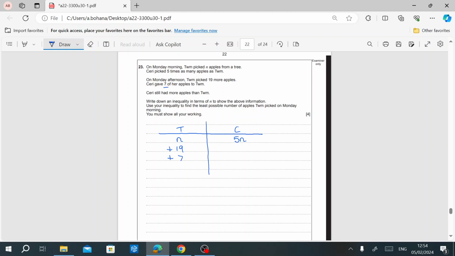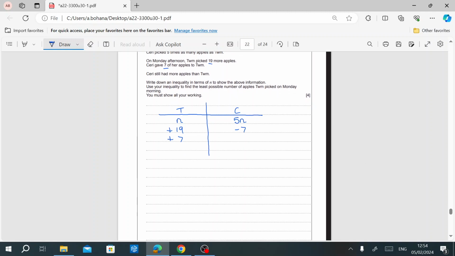Says there, look. Okay, 19 and 7. But if she gave him 7, she lost 7 apples. So it says here, she still had more apples than Tom. Write down an inequality in terms of n to show the above information.